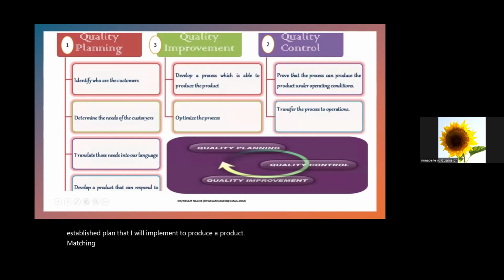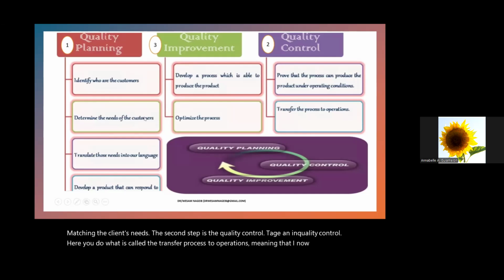The second step is the quality control stage. And in quality control, here you do what is called the transfer process to operations, meaning that I now begin working in real life operations with my focus on the process as it progresses.